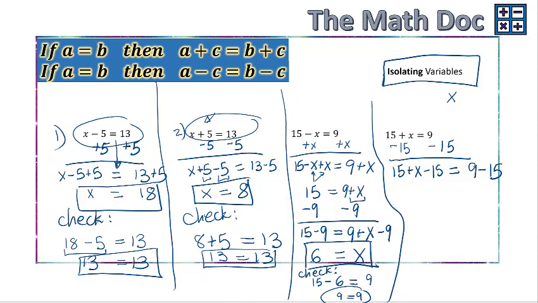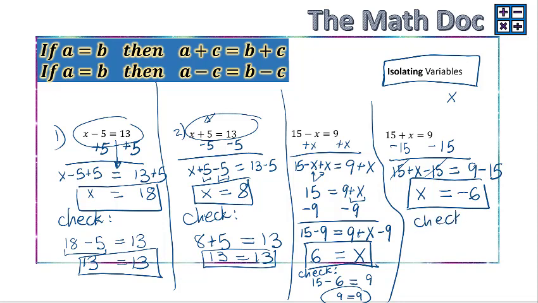Okay, on the left-hand side, the two 15s, 15 and minus 15, cancel, right? And we get x. So we've isolated x on the left, equals 9 minus 15. 9 is smaller than 15, so we'll get a negative number, but it's still a number. 9 minus 15 is just negative 6. So we get x equals negative 6.